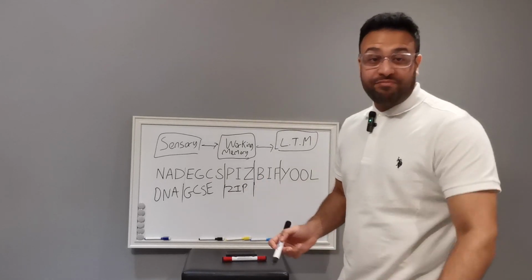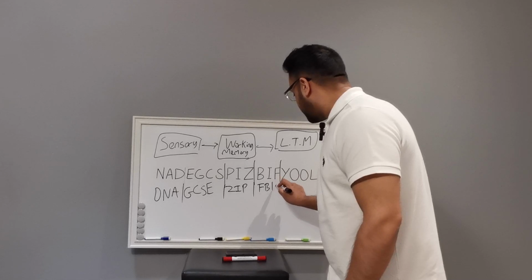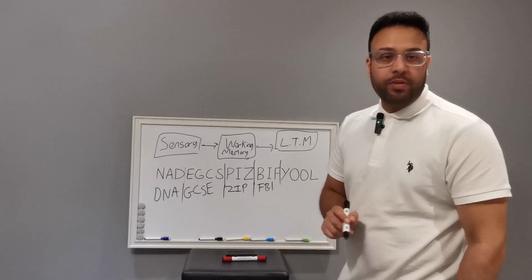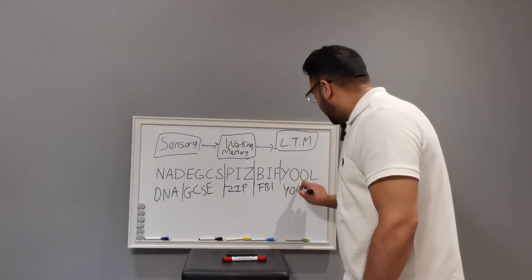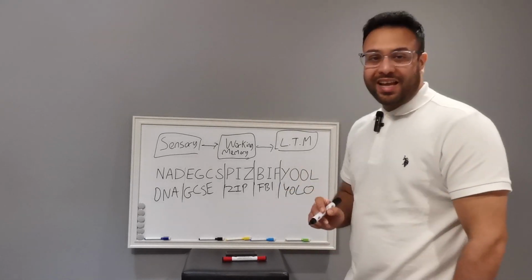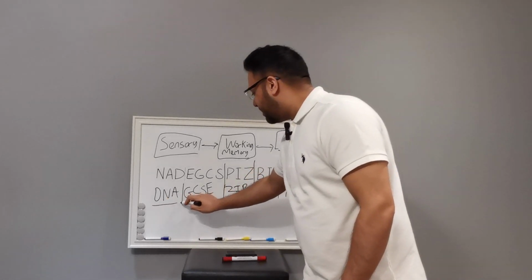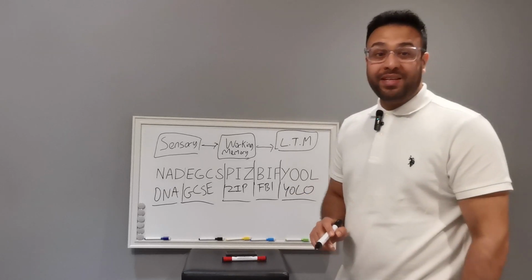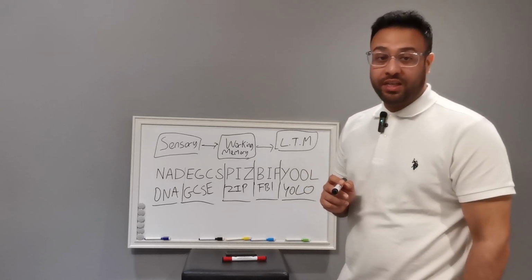BIF could be the FBI. And this one, my students love to tell me, YOLO could be YOLO, you only live once. Okay, so we have now created meaningful words out of something which was just gibberish. And now if I ask you to learn these words, DNA, GCSE, ZIP, FBI, and YOLO in a minute, I bet you would do that much, much more effectively.